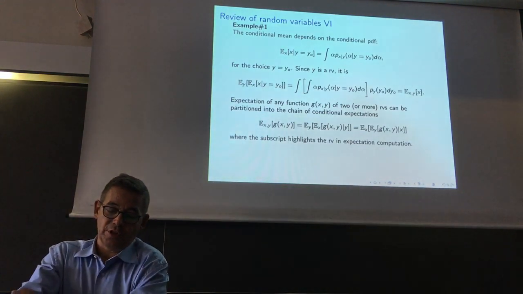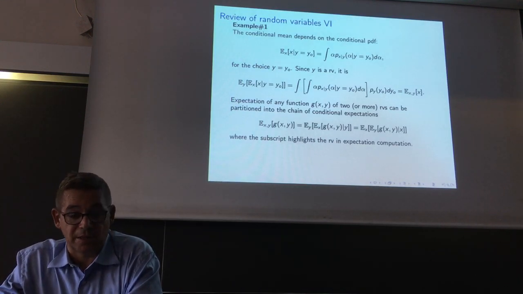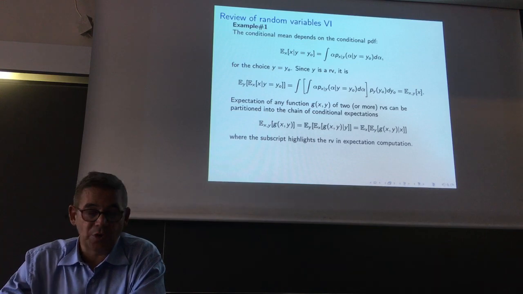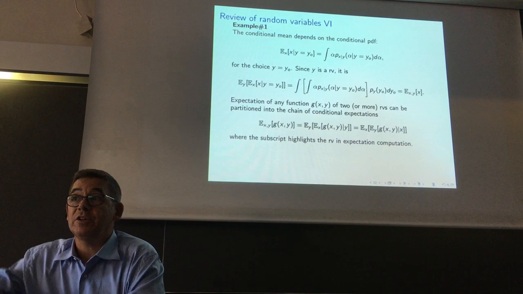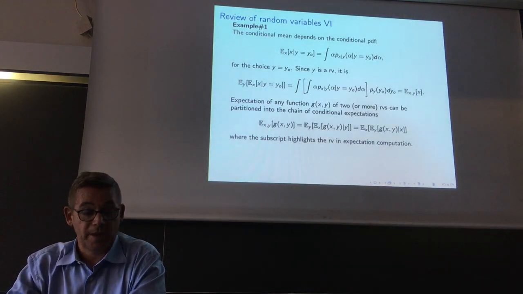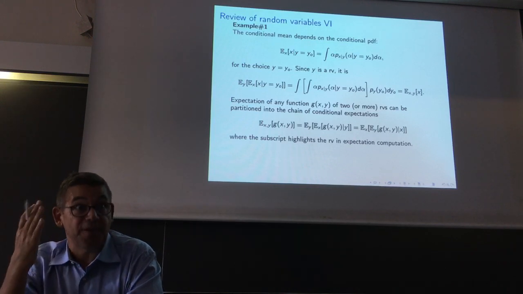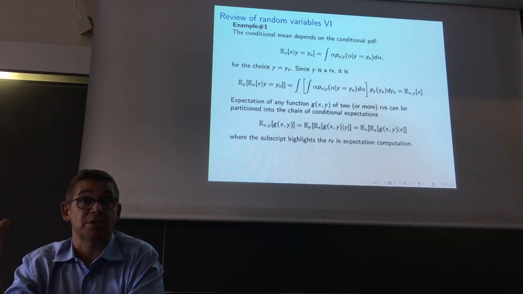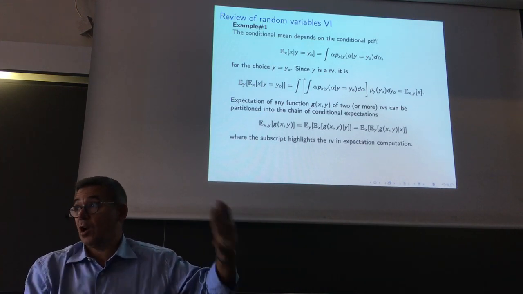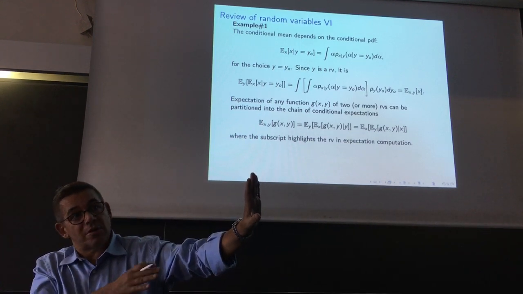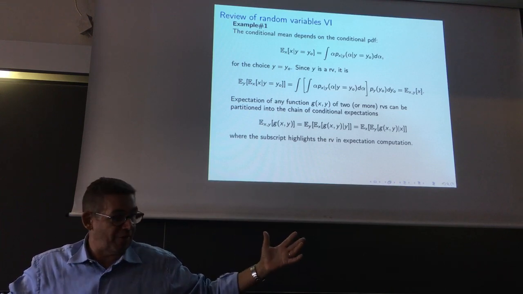Let's move forward. I made a couple of examples. How to compute the mean of the conditional mean. So what is the conditional mean? The conditional mean means that I want to calculate the mean when one of the variables is fixed. By the way, this random variable being fixed can be due to the fact that you are measuring. Remember, before opening the door, my position, according to what is outside, is a random variable that has a probabilistic distribution, can be everywhere.